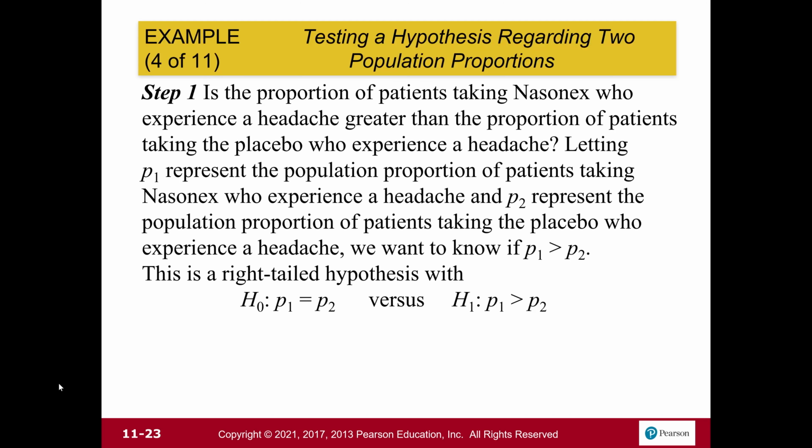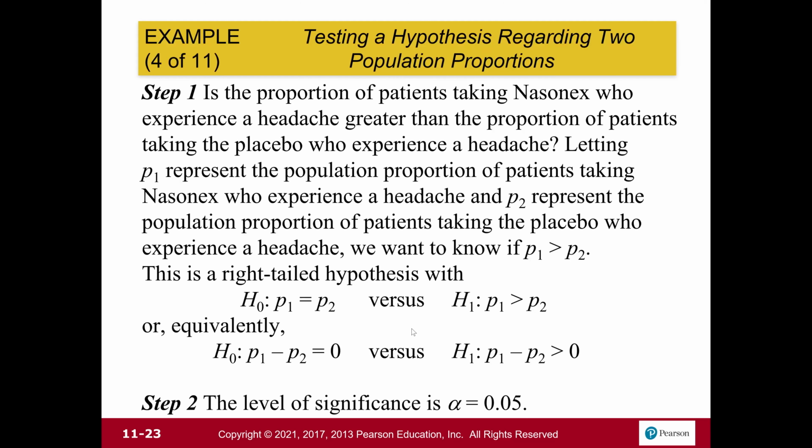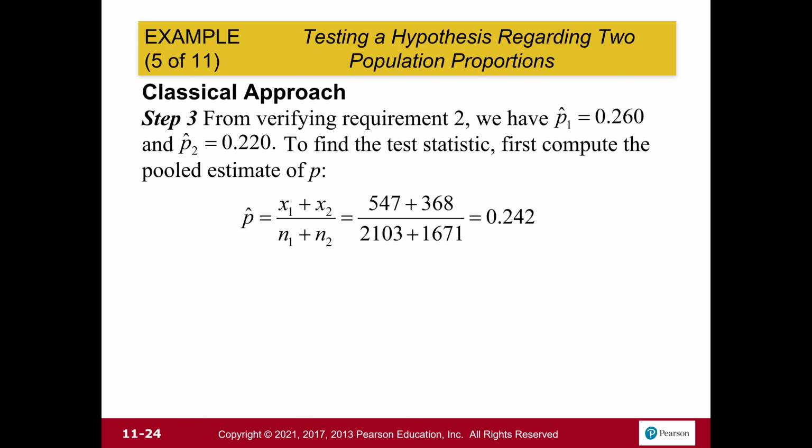So the null is that P1 is equal to P2, and the alternative is that P1 is greater than P2. We can state it this way as well: P1 minus P2 is equal to 0, and P1 minus P2 is greater than 0. The level of significance is alpha.